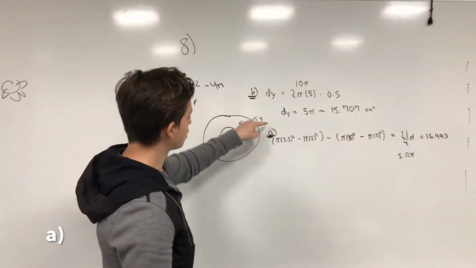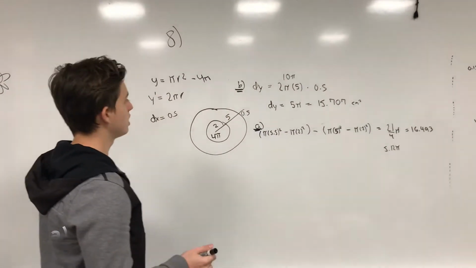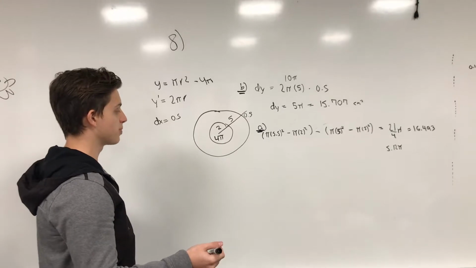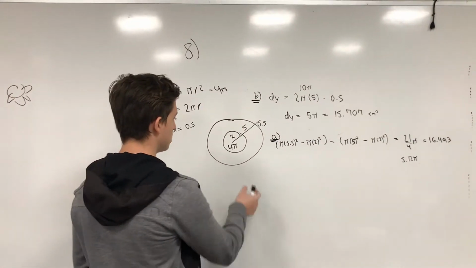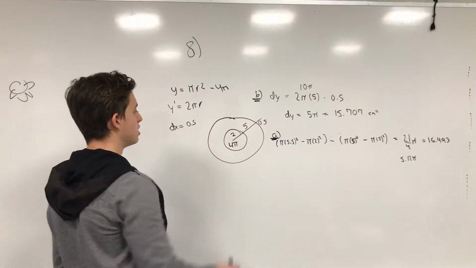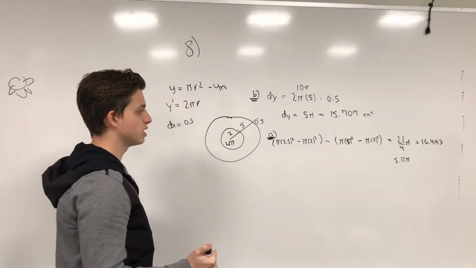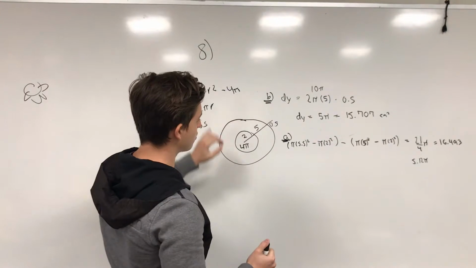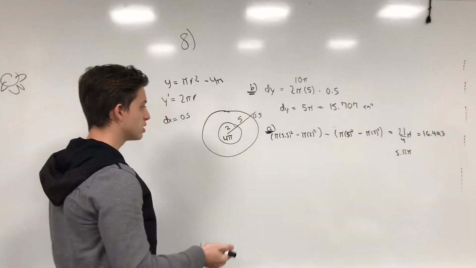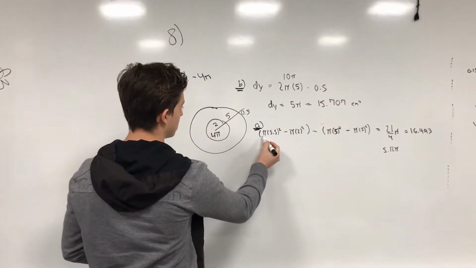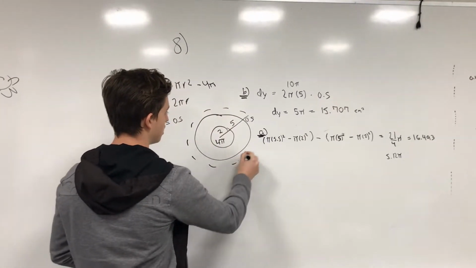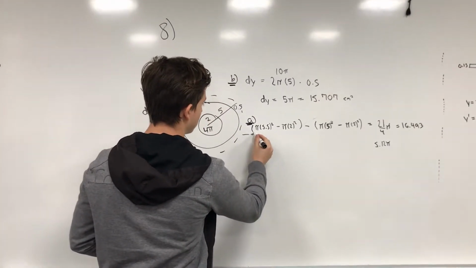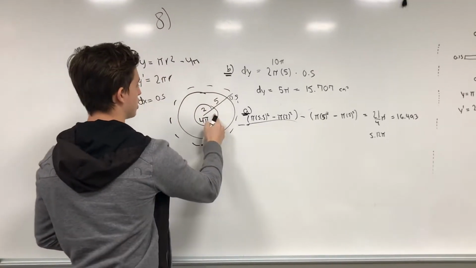Here, in the first one, in number A, we subtract the initial value minus the whole part that is in the middle. So what we do is this by doing the bigger one first, so we get positive numbers. So we wrote here the formula of the area of this big circle, and then minus the whole part.